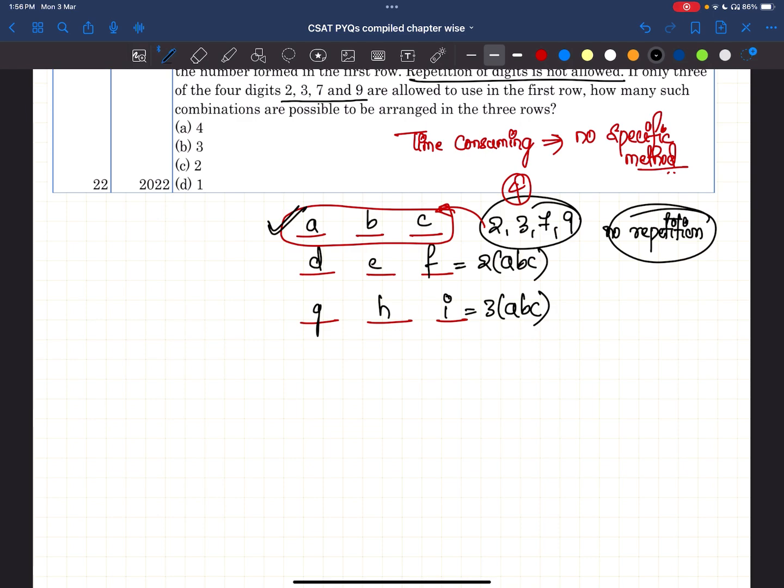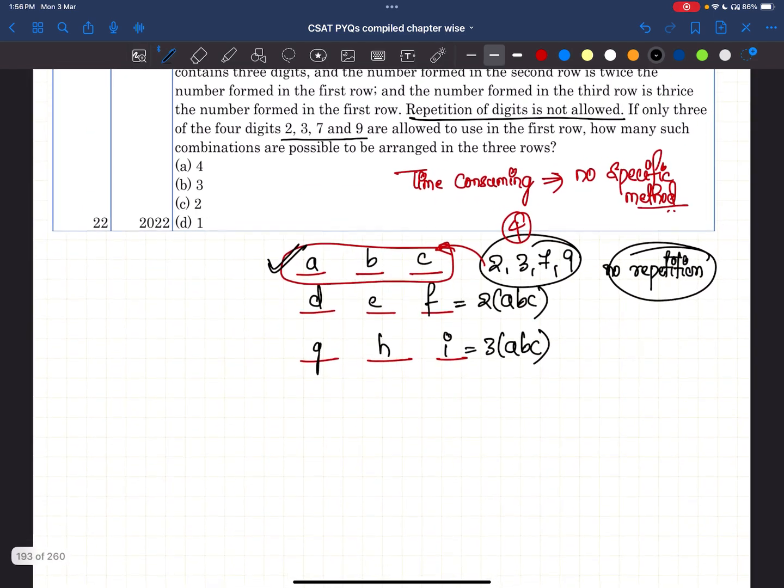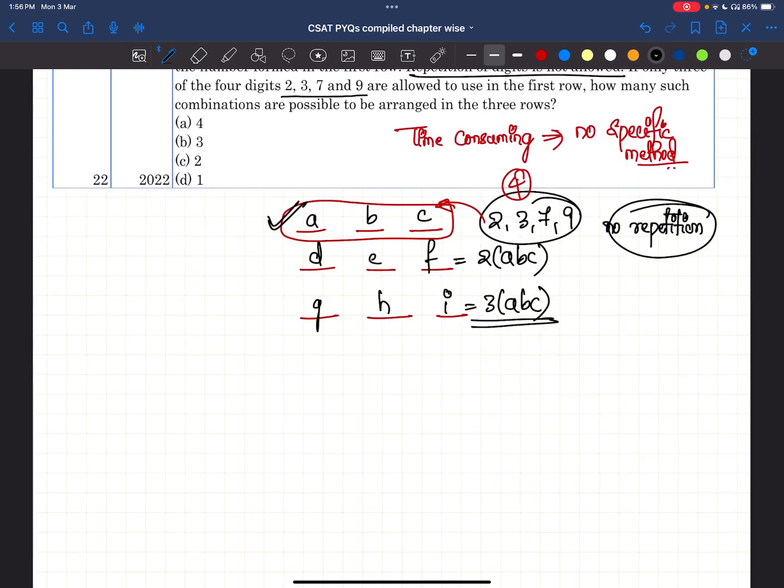Now let us find these values. Okay, and what is it telling? This is 3 times ABC. The maximum possible 3-digit value is 999, right? And this value should be 3 times ABC, right? That means ABC can be 333.